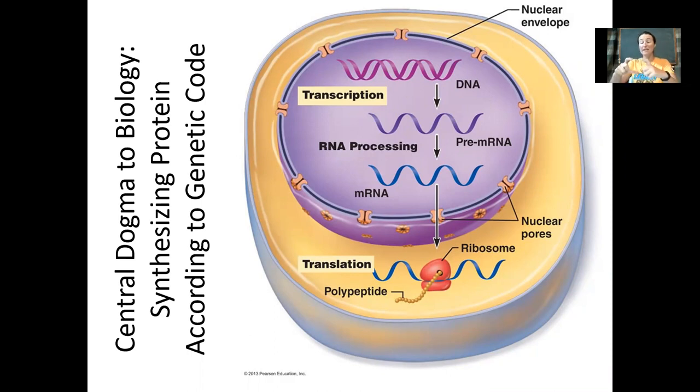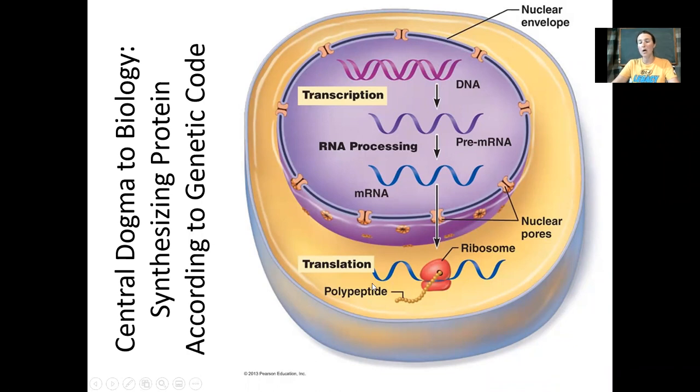We only want a single recipe to make cookies, to make brownies, whatever. So we actually make a copy, write it out in the same language, and that copy is called mRNA. Now we have to process this mRNA a little bit, and finally the mRNA is allowed to leave the nucleus to be translated within the cytoplasm, within the rest of the cell.